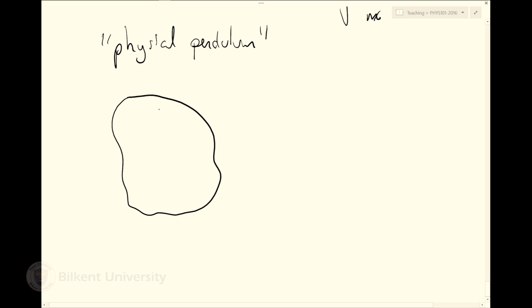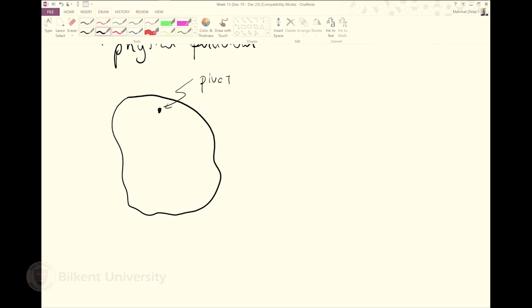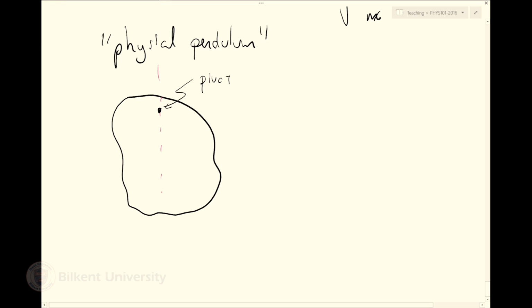What's the equilibrium situation? The equilibrium situation is, here I have my pivot, and the vertical line passing through the pivot must pass through the center of mass. Okay. Let's say that I know what the center of mass moment of inertia is.